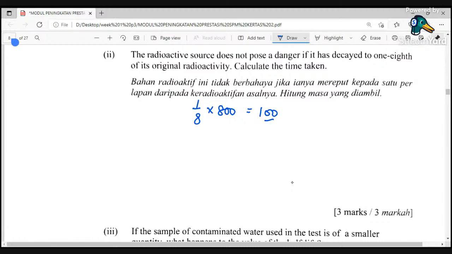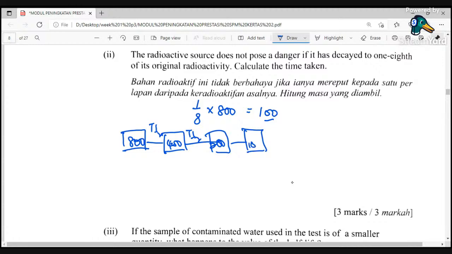So what is the time taken? Okay, so you can just use this method if you want. 800 become 400, half, 1 half-life. 400 become 200, another 1 half-life. 200 become 100, so another 1 half-life. Now we have 3 half-lives. Okay, so the number of half-lives is 3.